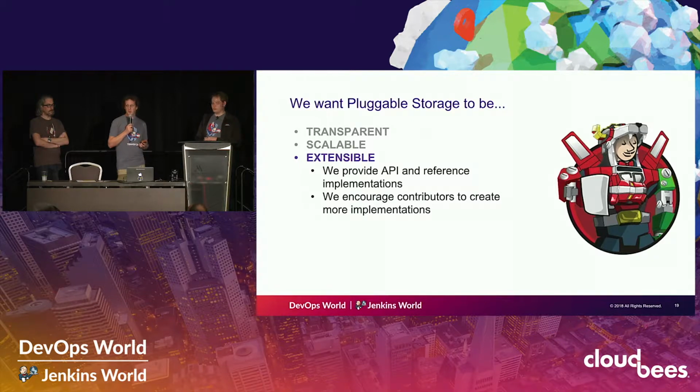In terms of extensibility, what we're mainly doing at this stage is building the infrastructure in Jenkins core and foundational plugins such as Pipeline to make this kind of stuff possible, and providing reference implementations. So typically we'll focus on Amazon Web Services based reference implementations because it's a fairly popular platform and we can understand it in good depth, but we want other people to have everything they need to create different implementations for both on-premises services as well as other clouds.